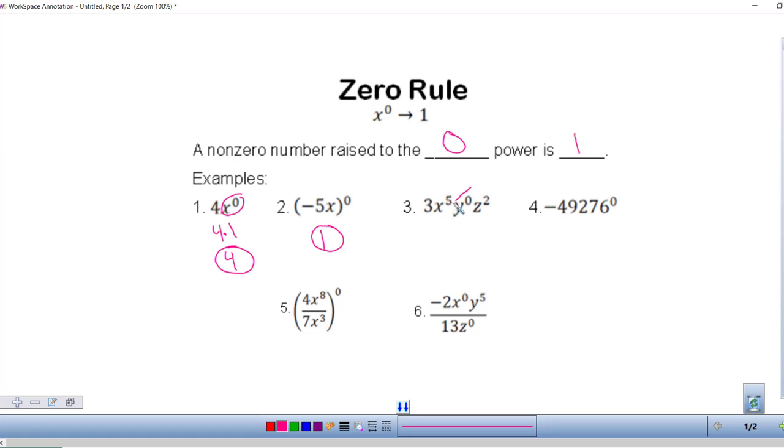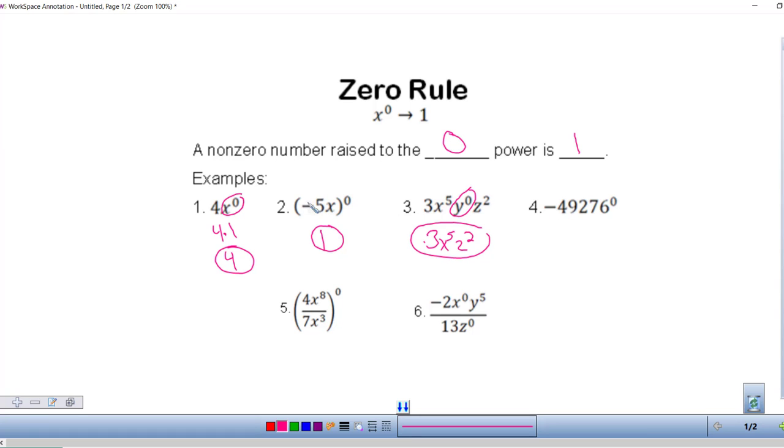This one, I see y is to the 0 power. Everything else I can't simplify, so I keep 3x to the 5th z squared. And if this just turns into a 1, if I multiply this times 1, it stays the same. So we can almost think of 0 exponents like they just cross off, because when we multiply by 1, it doesn't change anything.